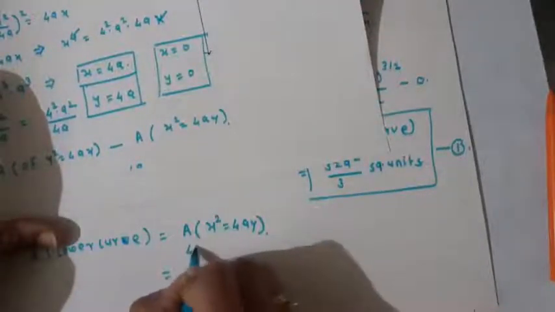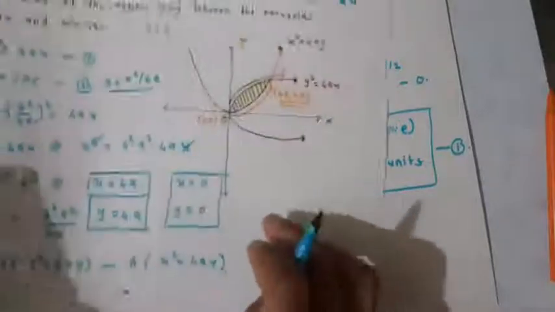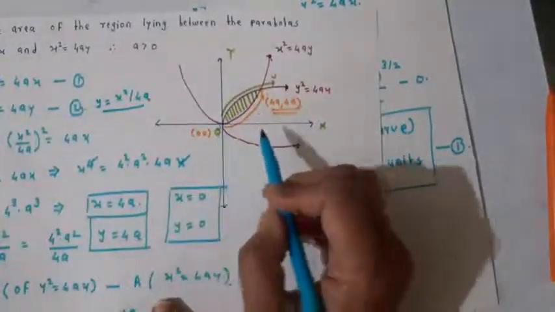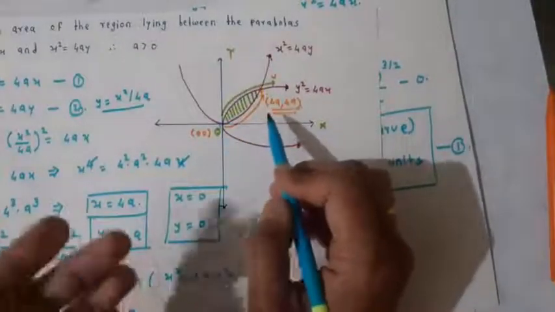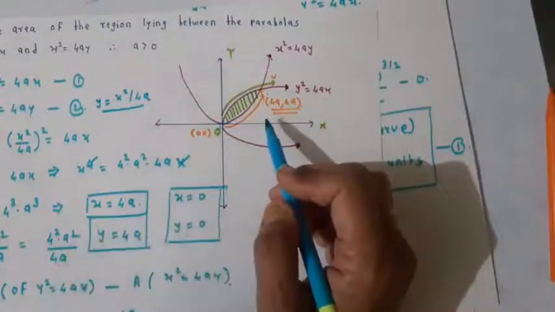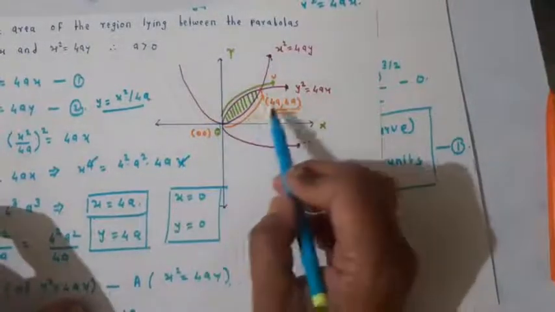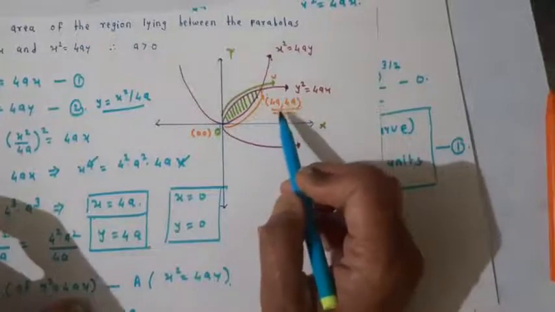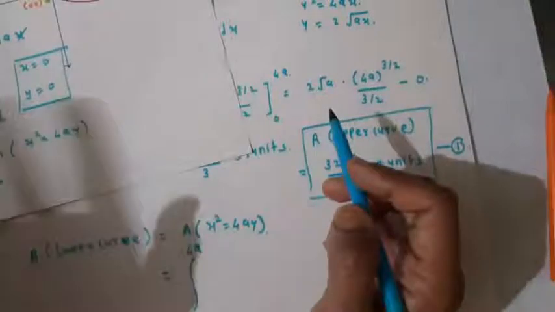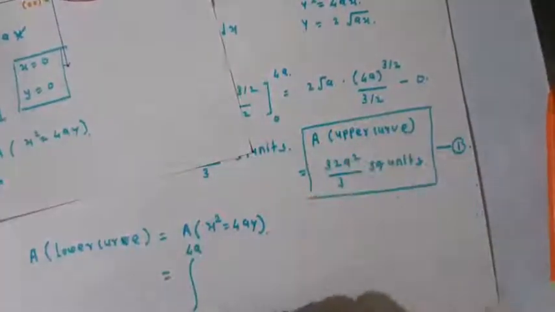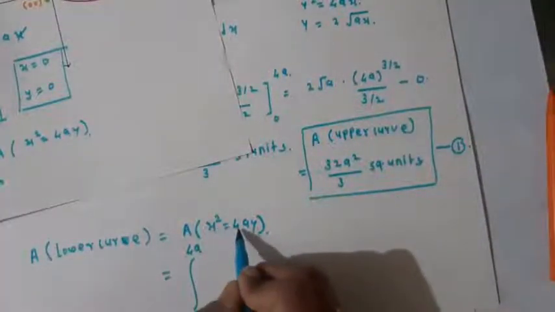Students, while taking integration, you can take the limits of integration according to x or according to y anyway, because the coordinates are the same, and you can integrate with respect to y or with respect to x also.